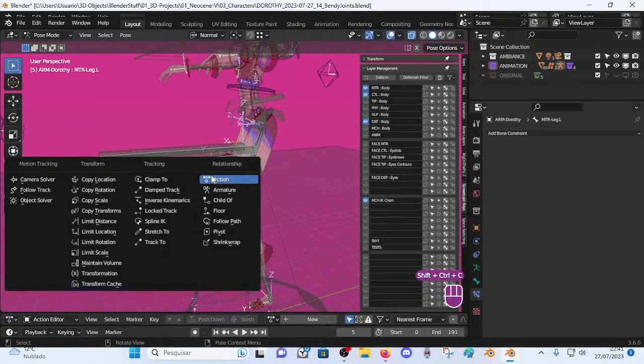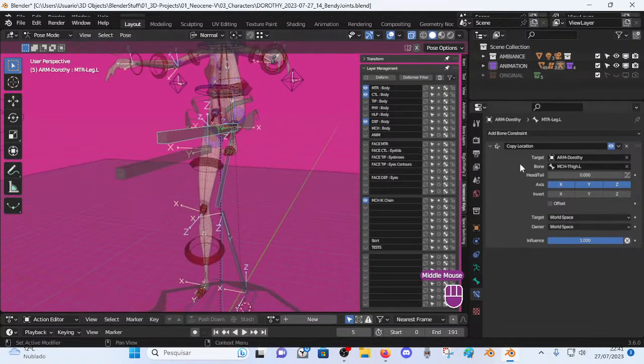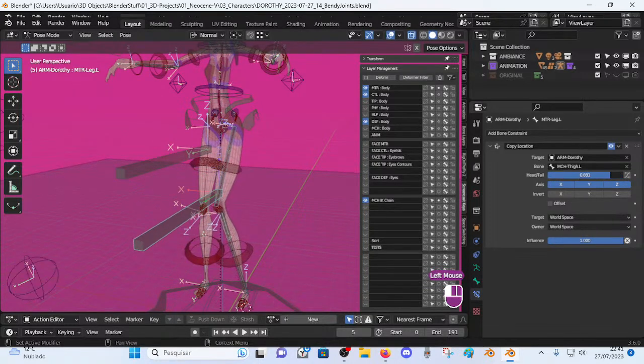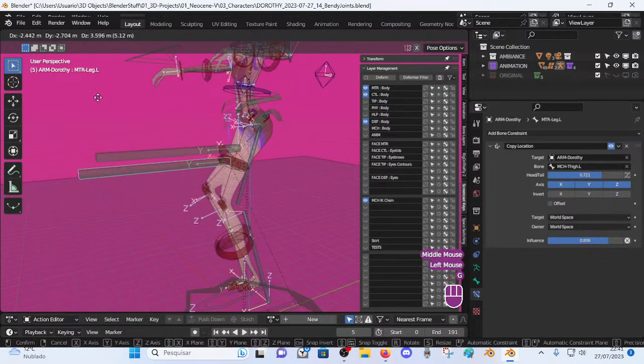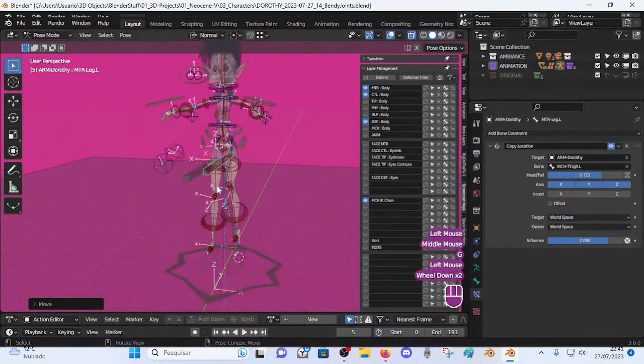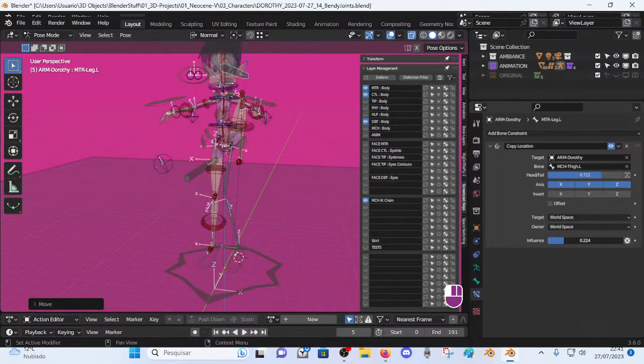Let's start with something very radical that is probably not gonna work, but let's start with a copy location towards the tail. Yeah, something more like that. Offset, yes, if I use this bone constraint, unless I use the influence to some lesser degree, then this gets free, but then it's very sluggish to move, but it's sort of free.